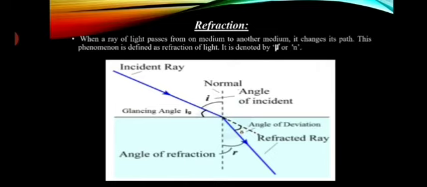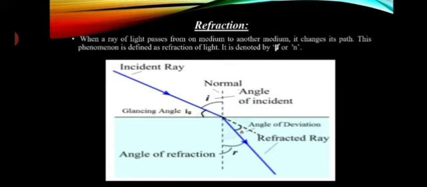Now when the ray of light is incident on the interface between the two media, it gets bent either towards the normal or away from the normal.